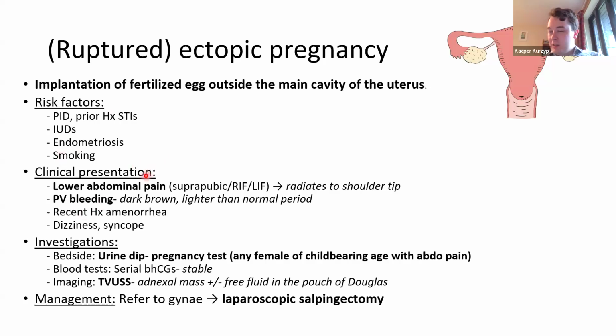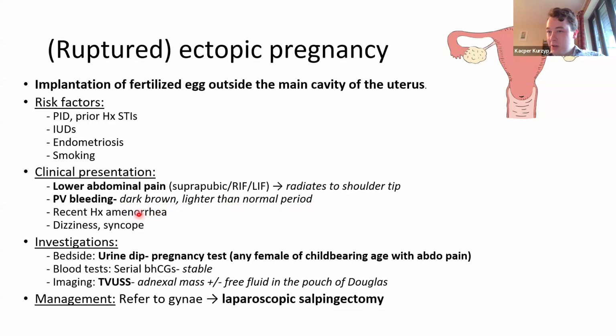Now, initially, it is asymptomatic, but it will present with lower abdominal pain, which can be anywhere in the lower regions, classically right iliac fossa or left iliac fossa, but can be suprapubic. In exams, this often radiates to the shoulder tip due to peritoneal irritation. You may get per vagina bleeding, typically dark brown, lighter than normal period.